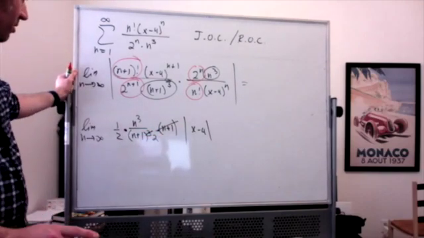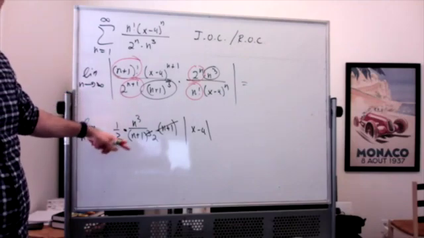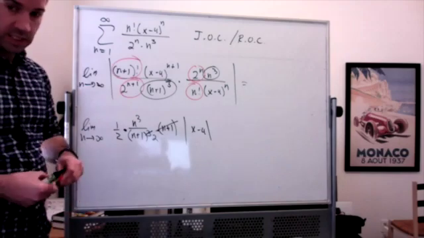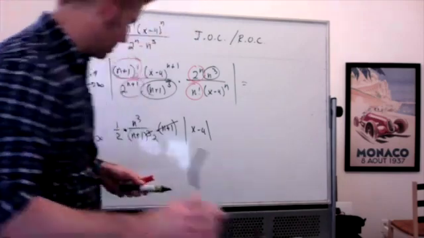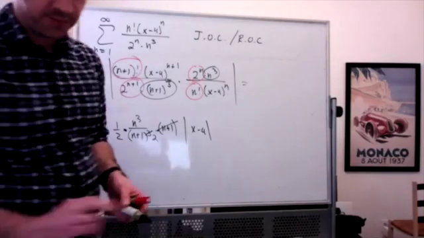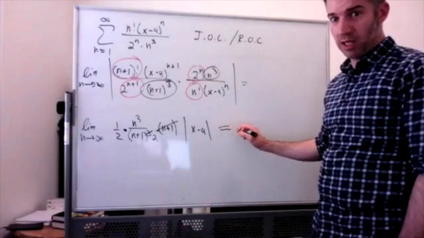I've got a limit where the degree on top is larger than the degree on the bottom, which means the limit is equal to what? This limit is equal to anybody?